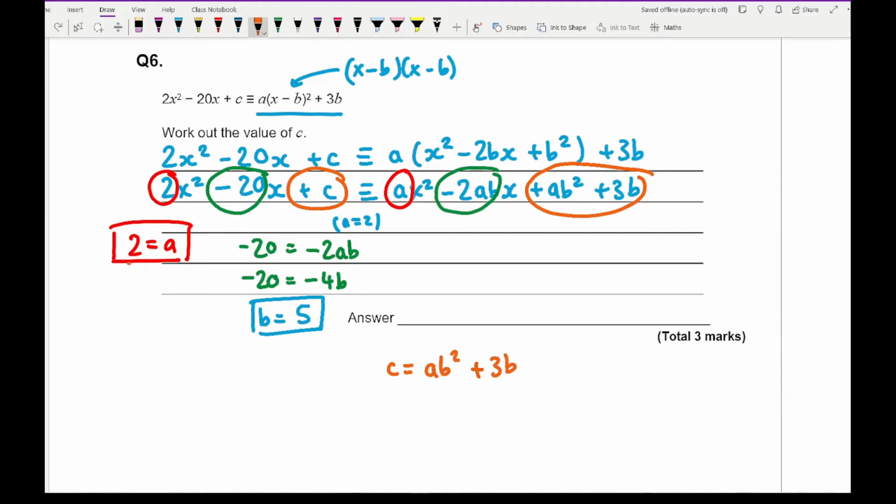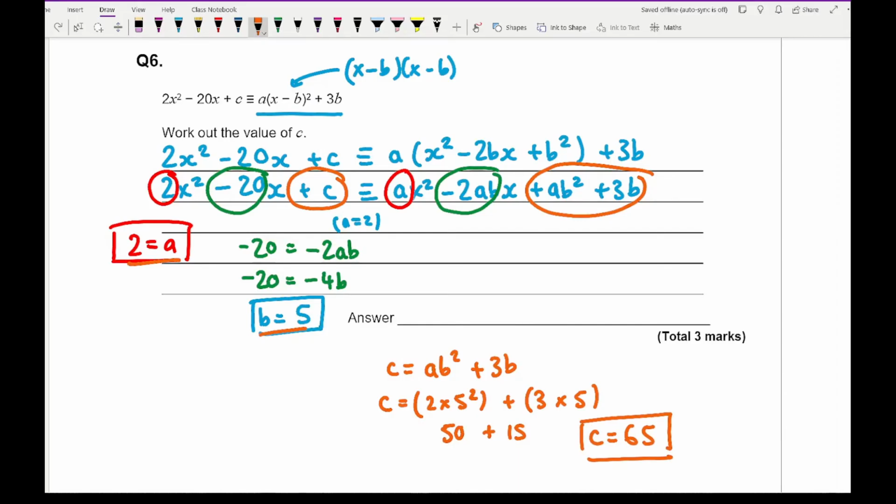Now I know the values of a and b, so let me substitute that in. So c equals 2 times 5 squared plus 3 times 5. So that becomes 50 plus 15. So c equals 65, which does stand out from the other values, but I can assure you is going to be correct.